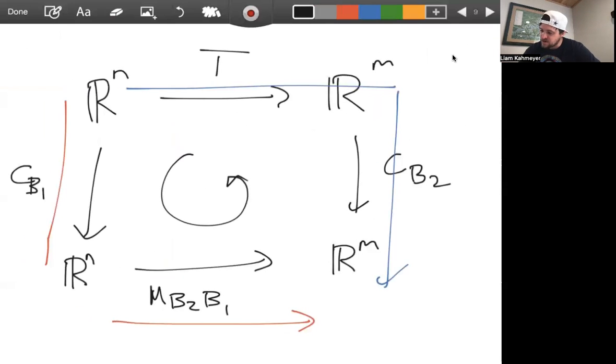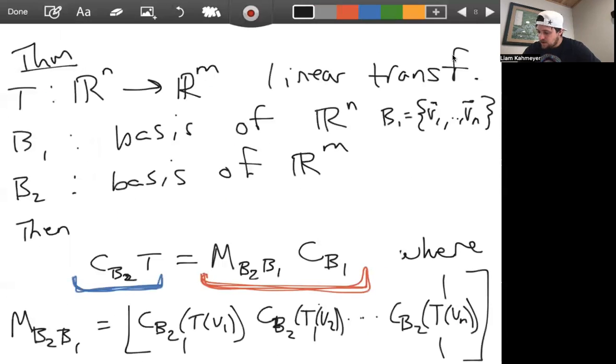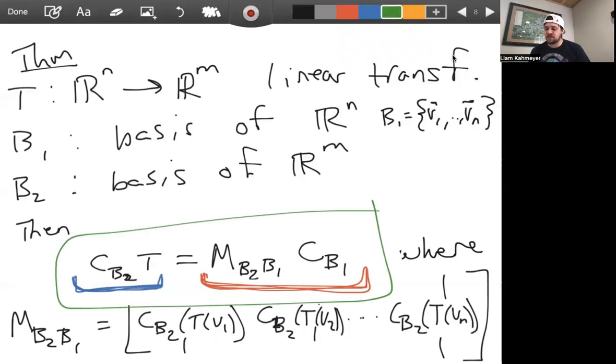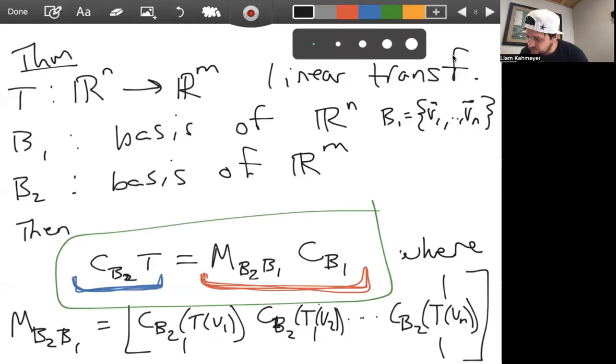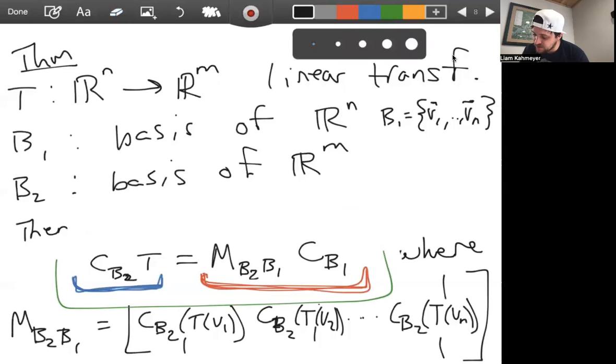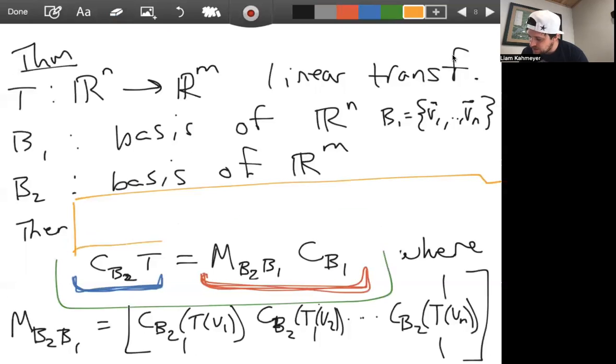Well, to find this matrix, one thing you can think about is take this equation and multiply on the right by C_B1 inverse. We know it exists because C_B1 is an isomorphism, right? And so if you'd like to see the map explicitly, I'm just going to write it in yellow here.